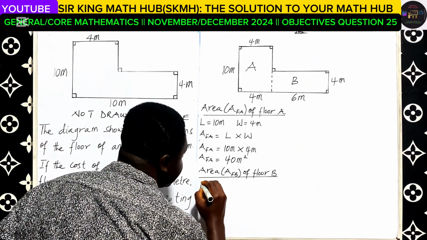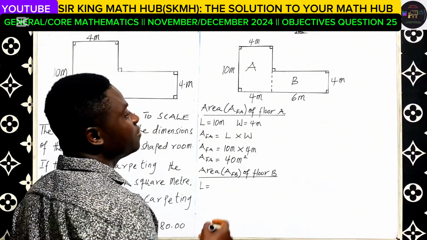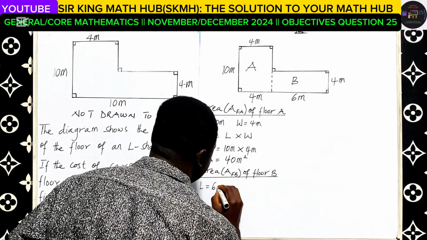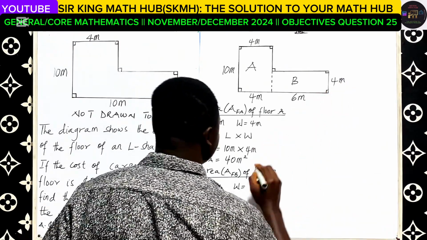The length of floor B, the longest side, is 6 meters, and the width of floor B is 4 meters.